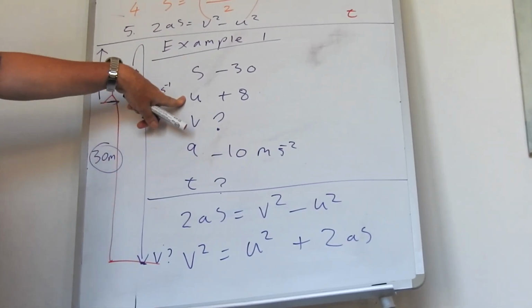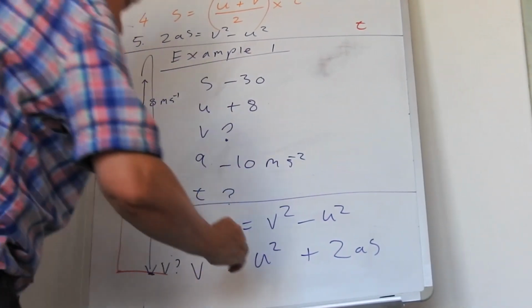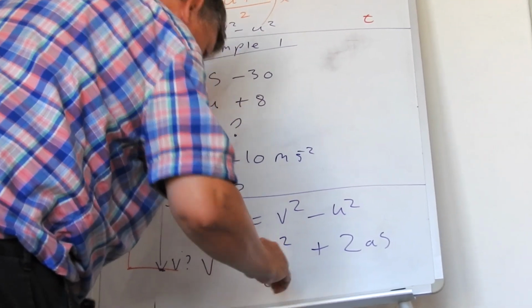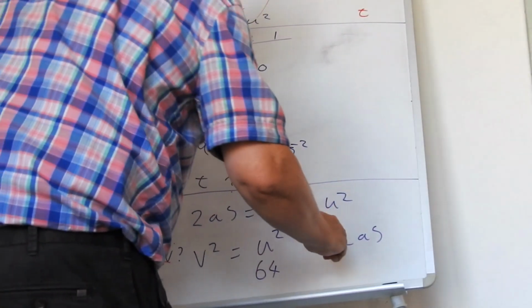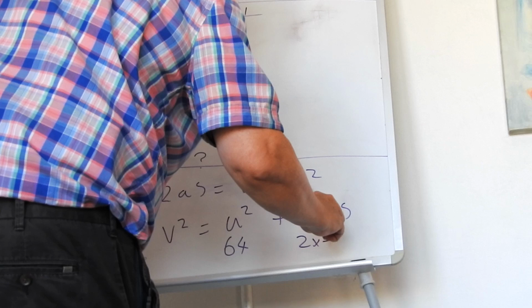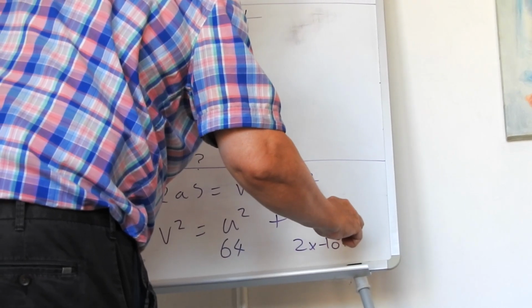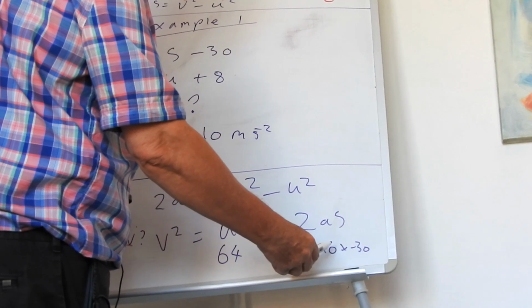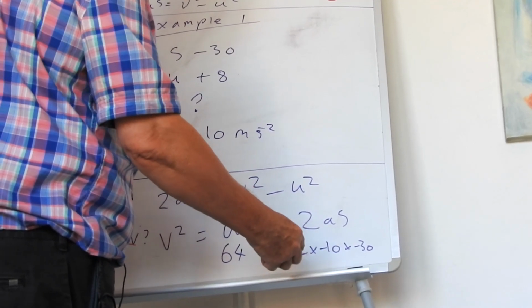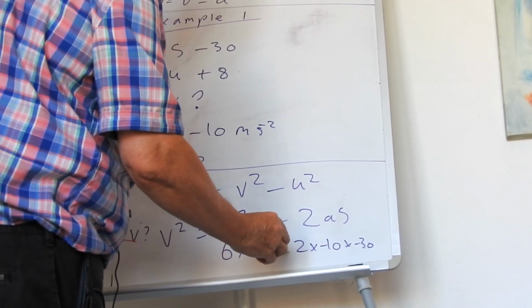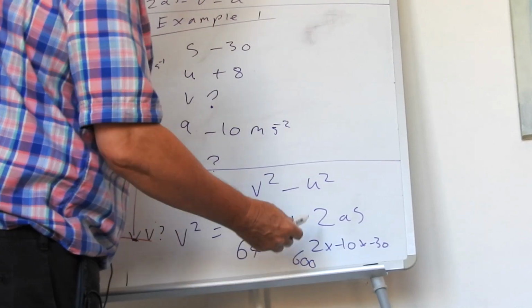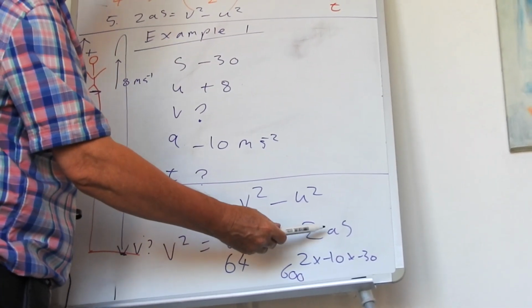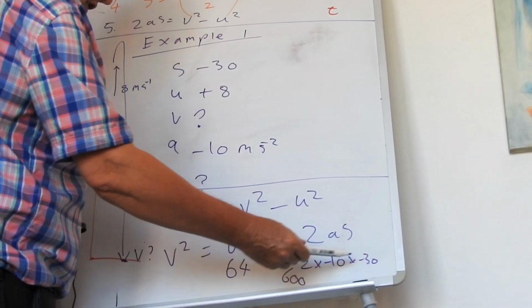U is 8. U squared is 64. 2 times minus 10 times minus 30. Minus 300 times 2, 600. One more time. 2 times minus 10 times minus 30.